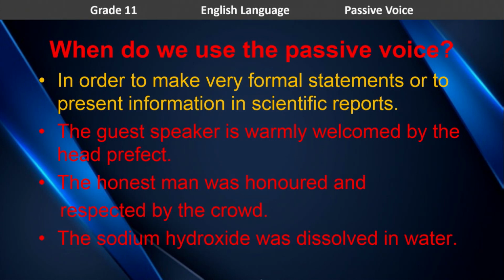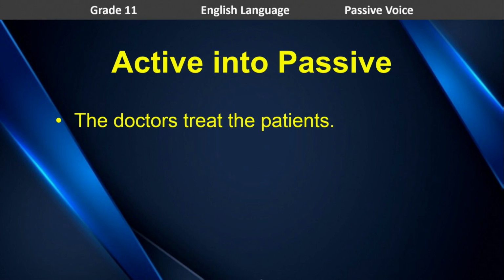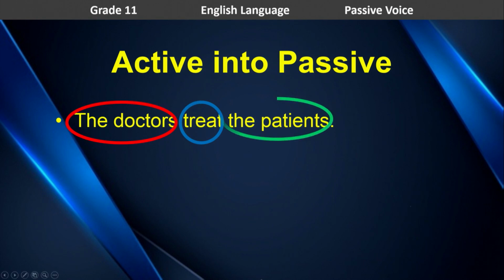That would be ideal. Now, we are going to convert active voice sentences into the passive voice. Look at this example: the doctors treat the patients. In this one, the doctors is the subject of the sentence, treat is the verb, and the patients is the object of the sentence.